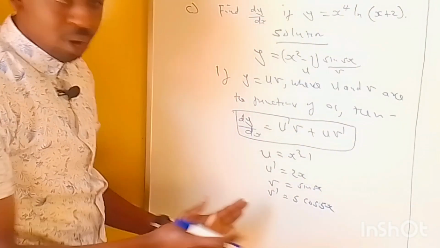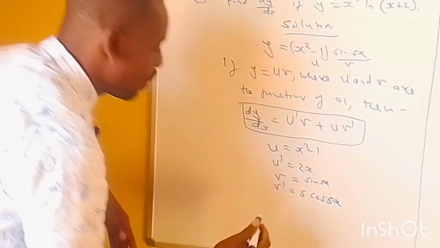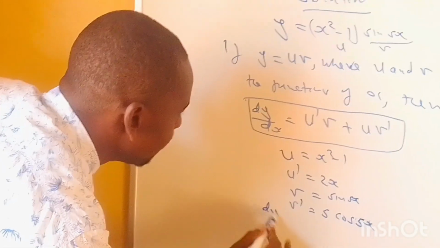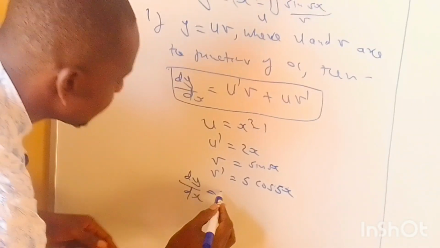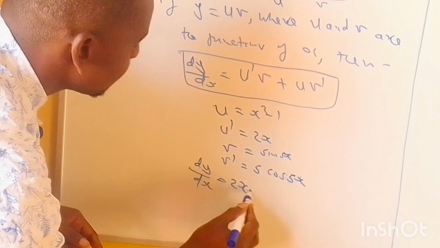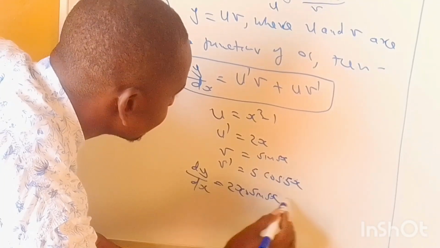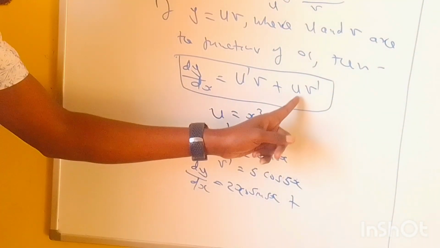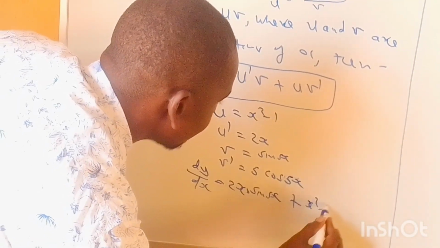After now having this, you just replace back. So our dy over dx will be: we take u prime, and our u prime is 2x, multiply by v, and our v is sine of 5x, plus we take u, and our u is x squared minus 1.